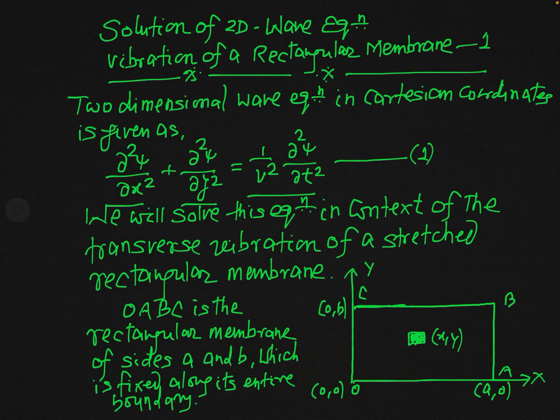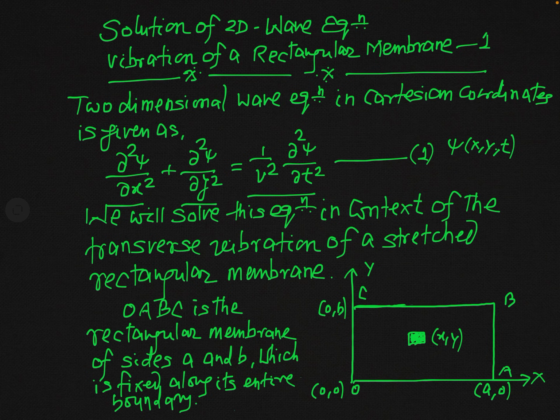Here you can see that this wave function psi is a function of three independent variables, x, y, and t. x, y are space coordinates and t is time. As I have told you, we will solve this two-dimensional wave equation in the context of the transverse vibration of a stretched rectangular membrane.